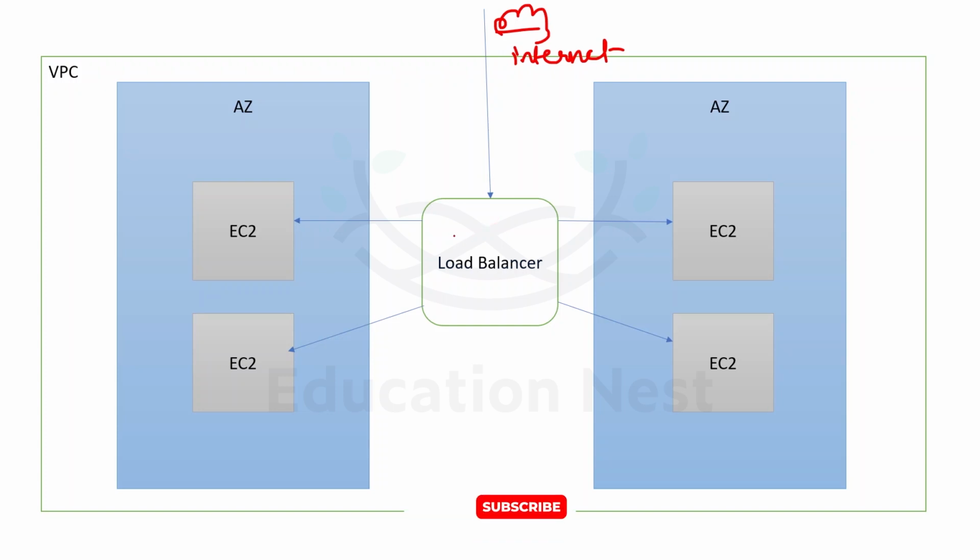The elastic load balancer would be accepting all the incoming requests from the internet, and it would be balancing out that load onto different EC2 instances. And as you can see, it is working cross availability zones. So it can span across availability zones. You can have your EC2 instances in multiple AZs, and the load balancer can balance out the load between multiple AZs.